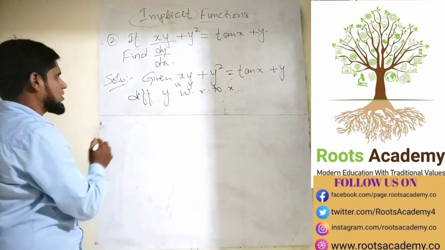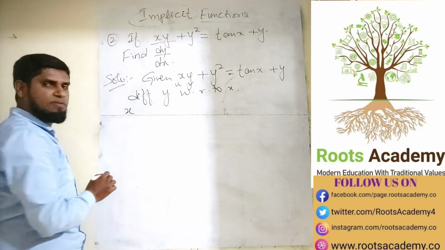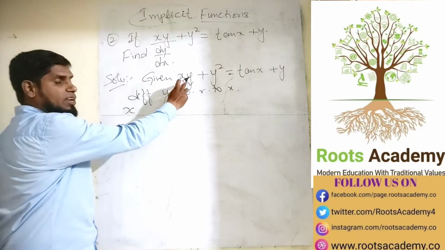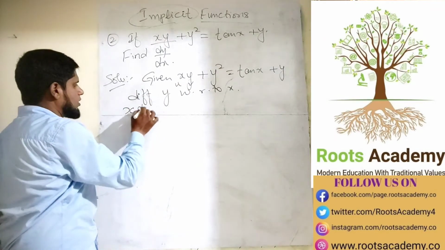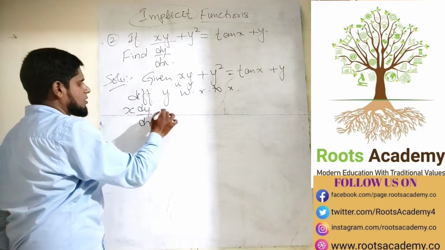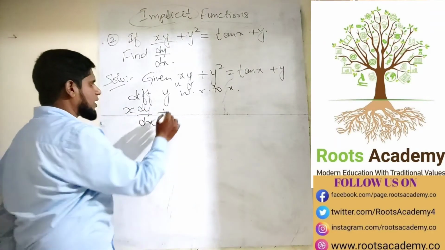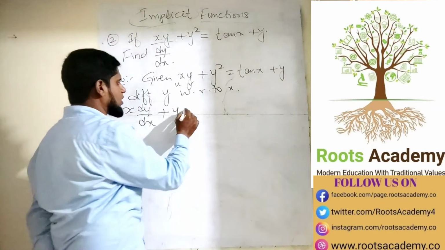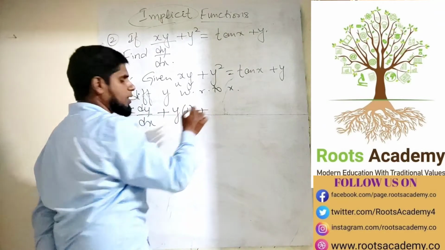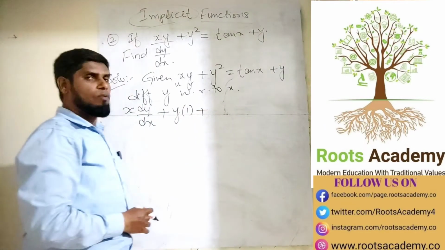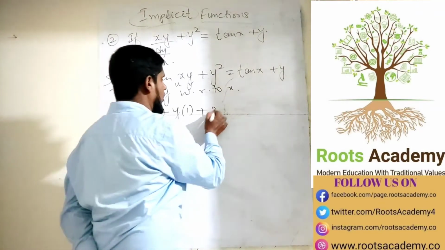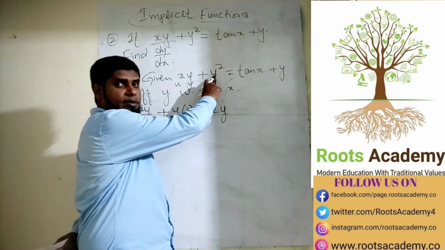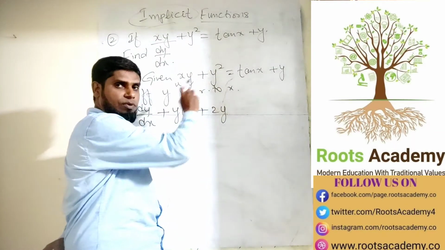What does the product rule say? It says keep the first function as it is, that is x as it is, differentiate the second one, its derivative is dy by dx, plus the second function as it is, derivative of x with respect to x is 1, plus the derivative of y square is 2y, but since y is dependent, we should separately differentiate y.